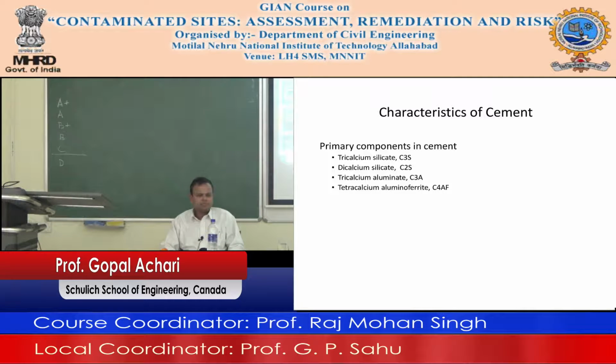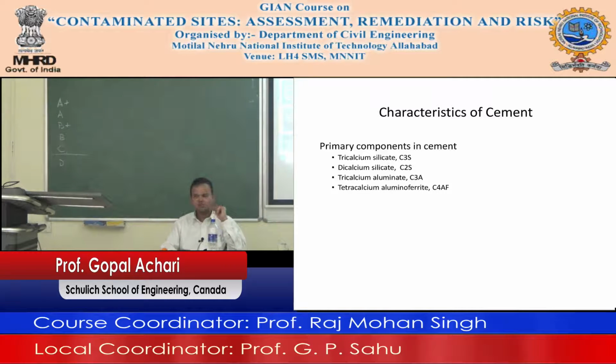So what is the composition? And then you add gypsum to it, right? To retard the setting. So what is the eventual product of clay? What if you do a chemical analysis, what would you get? Tricalcium silicate, dicalcium silicate, tricalcium aluminate.